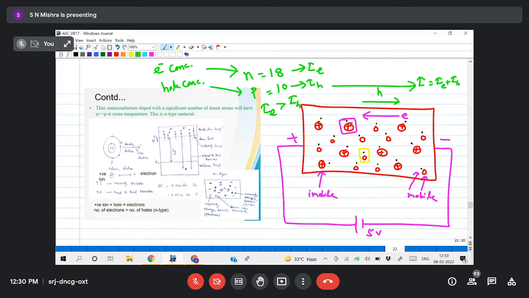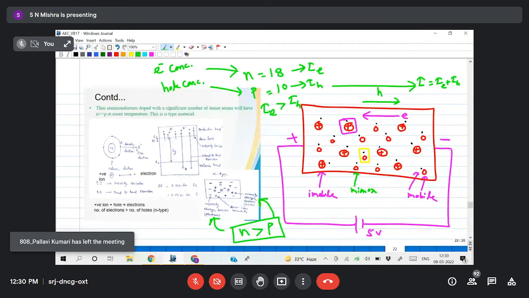So here the number of electrons is greater than the number of holes. That's why electrons are called majority carriers, and the number of holes is less compared to electrons. That's why they are called minority carriers. So you can see I've written here N is the majority carrier and holes are the minority carriers.